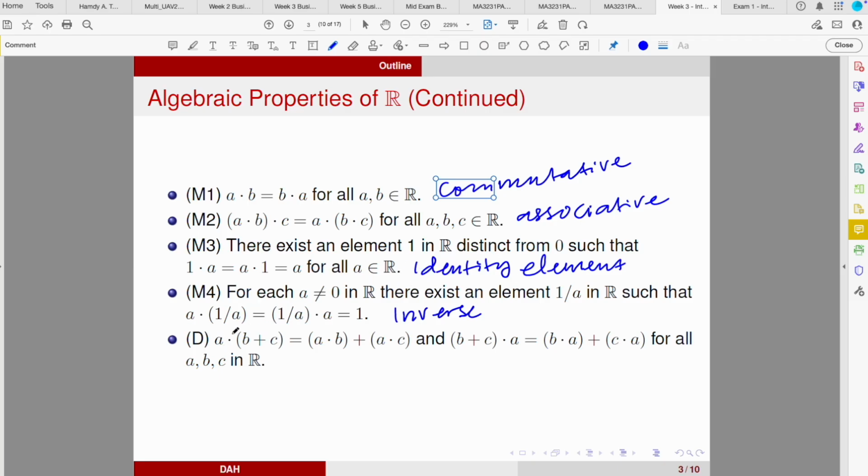And the last one, the distributive combination between multiplication and addition: a times (b plus c) equals a times b plus a times c, and the same for (b plus c) times a equals b times a plus c times a.